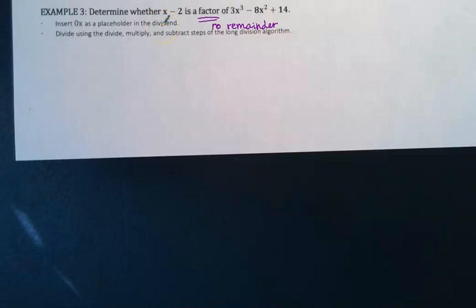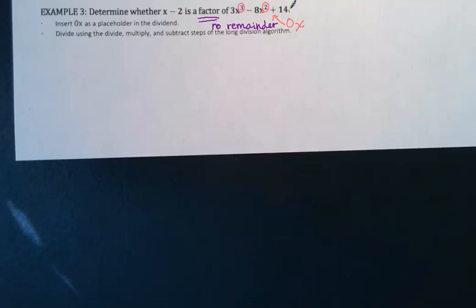Okay, in our notes here, it says insert 0x as a placeholder in the dividend. We're still following the same steps as in example 2, but we had to look for that descending order. We have x cubed, x squared, no x, so we have to insert a 0x. Then we have our 14, our constant, which is fine.